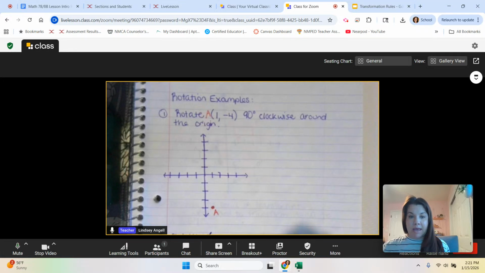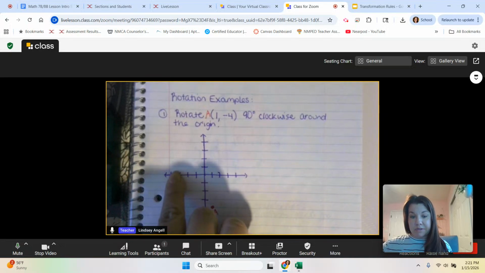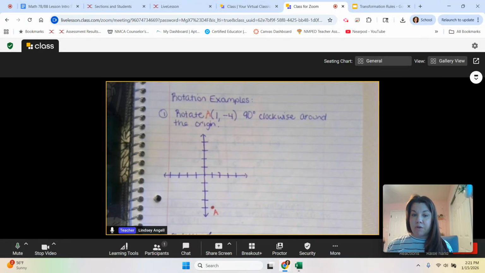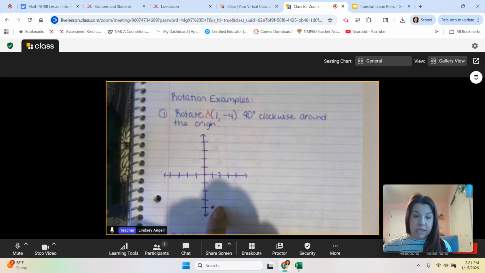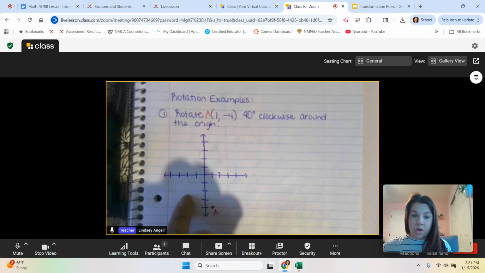So there's point A. So if we're going clockwise, that means we're going to the left like a clock. And if we're going 90 degrees, that means I'm going from, in this particular case, quadrant 4 over to quadrant 3. Okay?